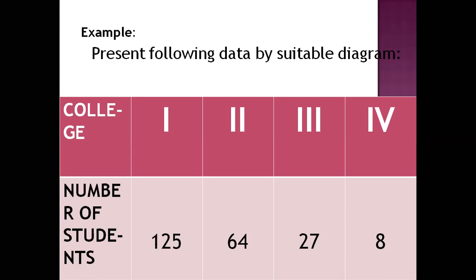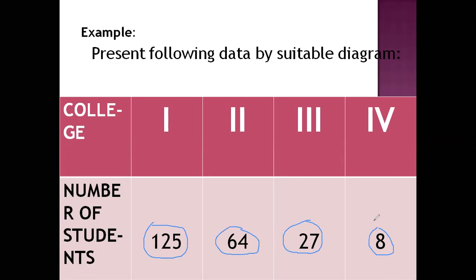Present the following data by a suitable diagram, that is the question given. Four colleges' data is given. In the first college, 125 is the strength. In the second college, 64 is the strength. In the third college, 27 is the strength. In the fourth college, let us take for example, 8 is the strength.